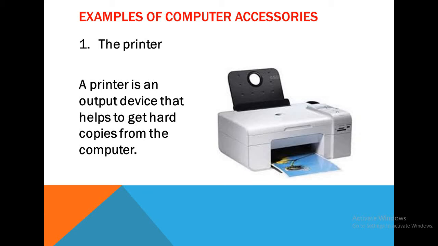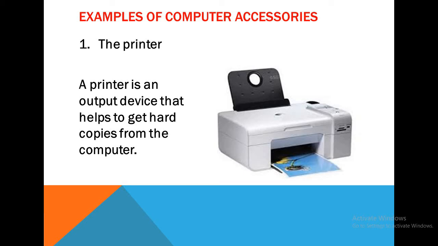The same thing goes with hard copies. When we say hard, it's something that you can touch and feel. A written note that is typed in the computer cannot be touched. The only thing you can do is to touch the screen. But when it is printed out, it becomes hard. You can feel the paper.